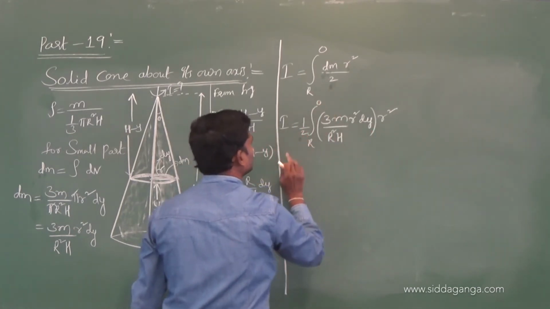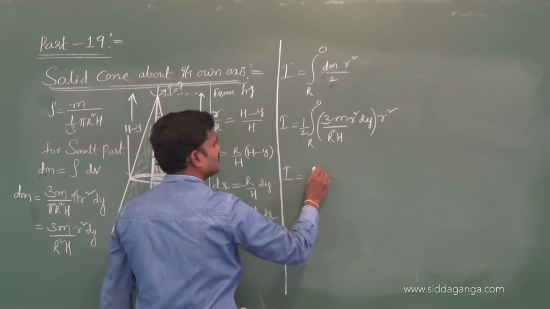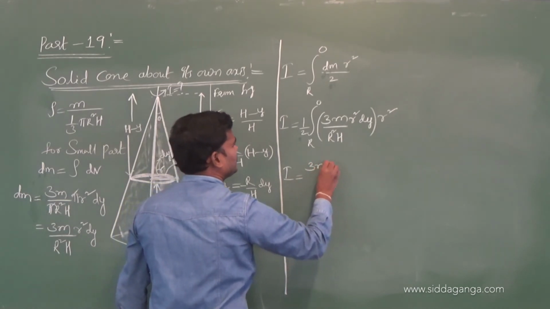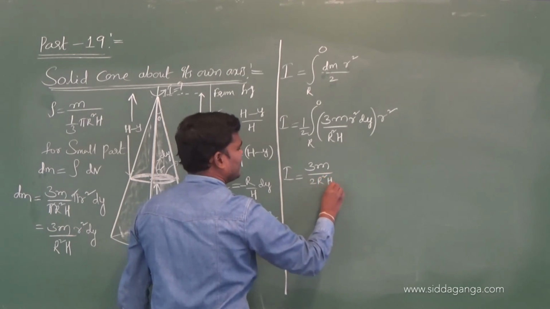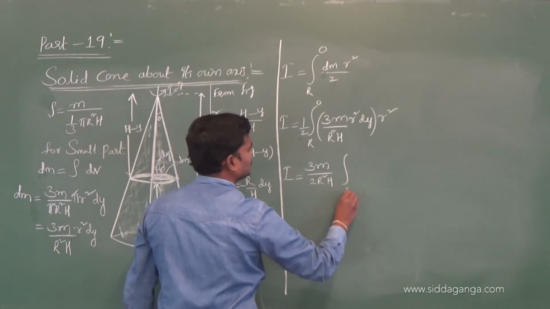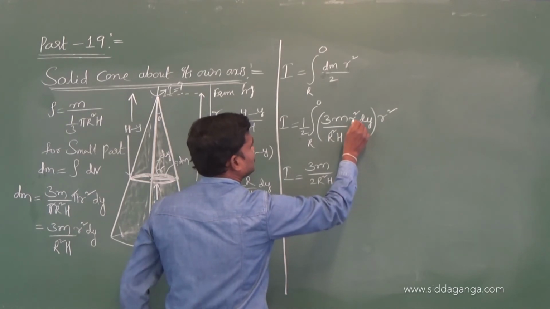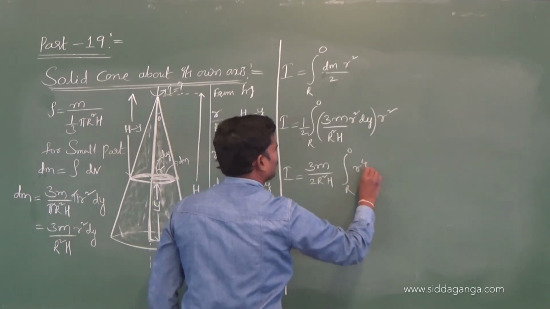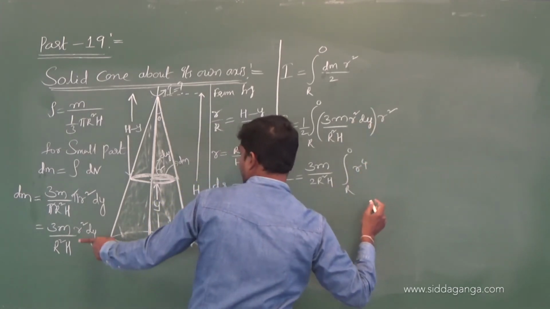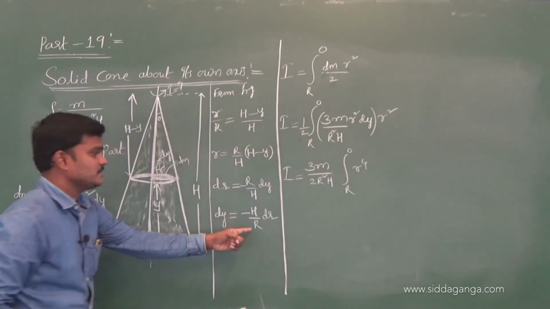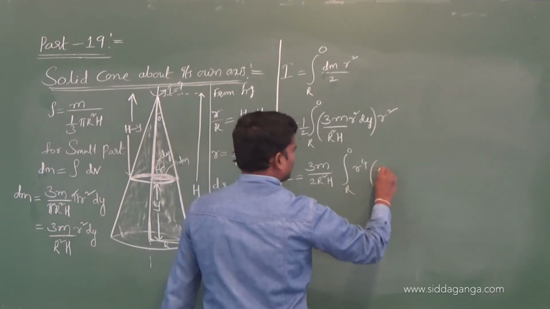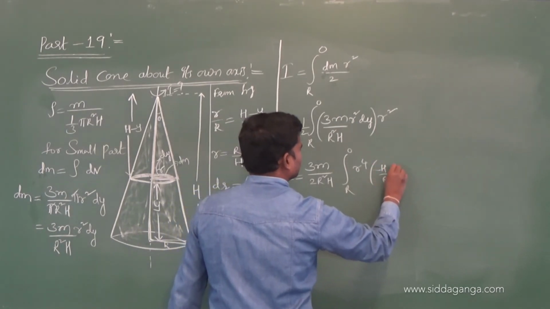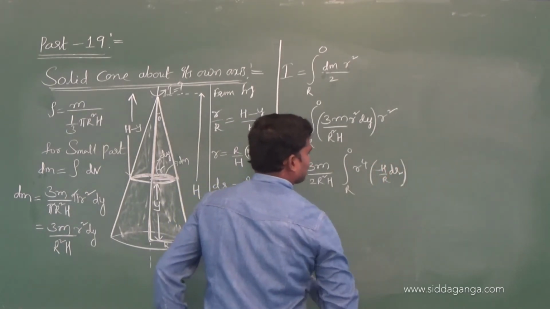So I is equal to 3m by 2 r square h, integral from r to 0 of r to the power 4 times dy value. What is the dy value? Minus h by R dr.